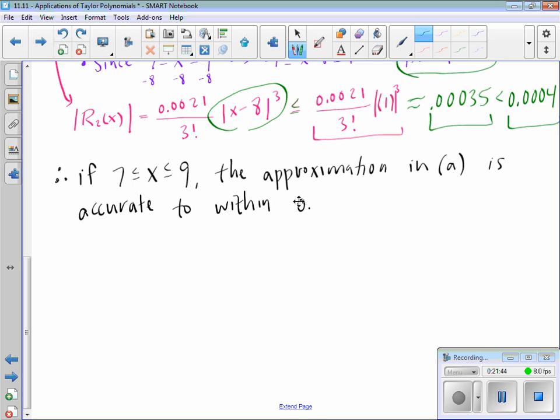I like that number a little bit better, .00035. It's a little more accurate. We don't really need to do this in this case. Okay, so this here is a decent approximation.